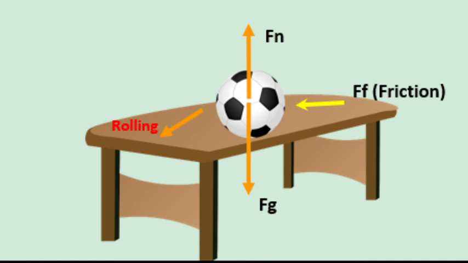Friction in general acts opposite to the direction of motion. In the case of the rolling ball, the frictional force acts between the surface of the ball and the desk and slows down the motion of the ball. Since you did not push the ball continuously, there is no force present to balance the force of friction. So, the ball slows down and eventually stops.